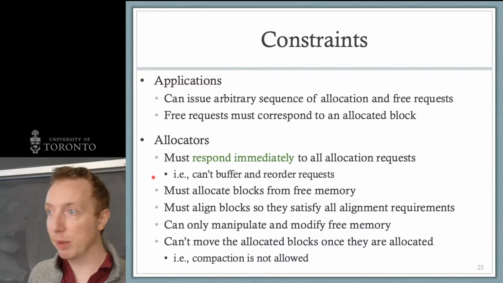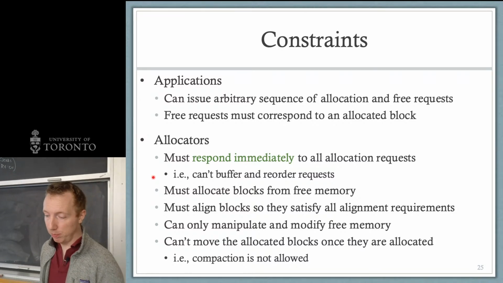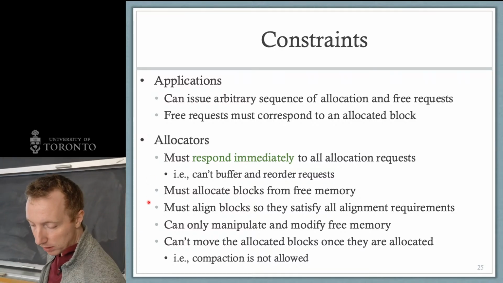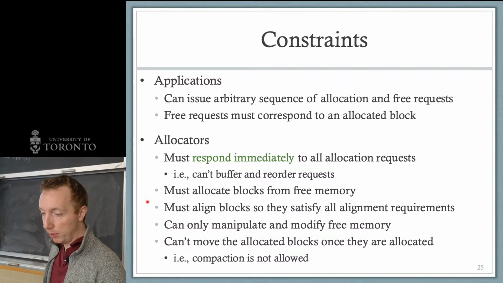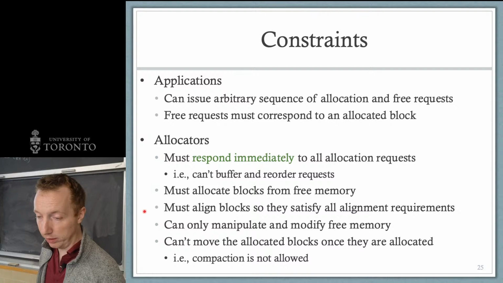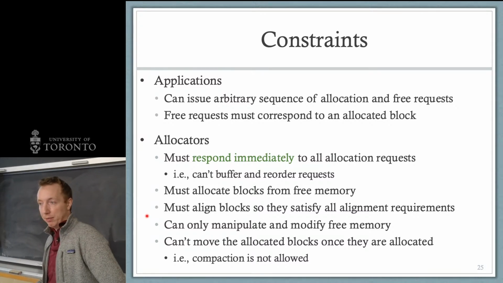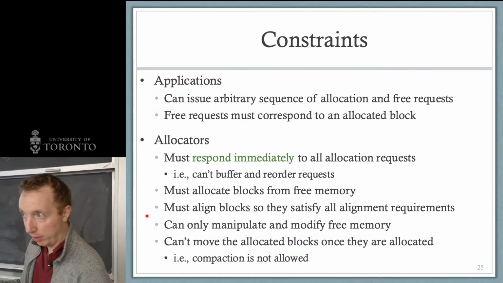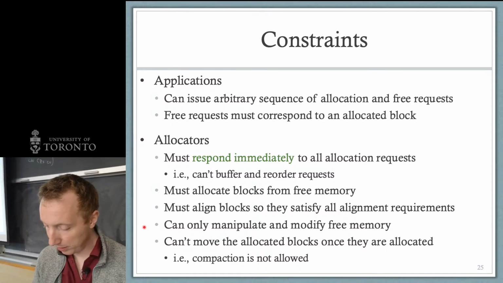That is the minimum requirement: it gets back memory that is not used by anything else. And you have to align blocks so they satisfy all the memory requirements, which is typically why they're at least double word aligned. You can only manipulate and modify free memory. You won't play with the user's memory or screw up their data under any circumstances.